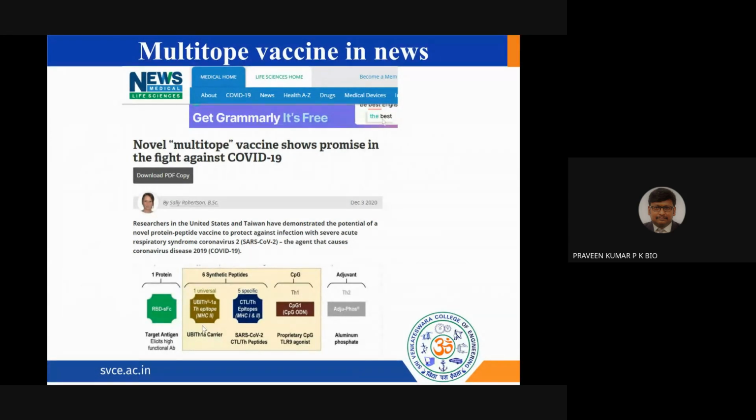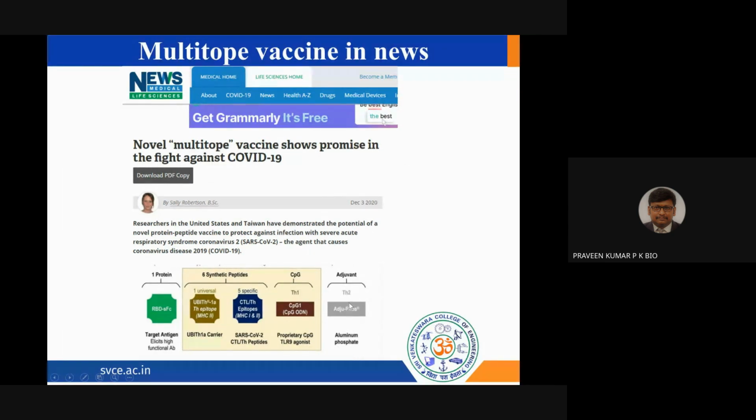Then whatever 6 synthetic peptides they had, they linked with the receptor binding domain of the structural spike glycoprotein. They also linked with CpG, and then with an adjuvant. The adjuvant they used is aluminum phosphate, the common adjuvant.